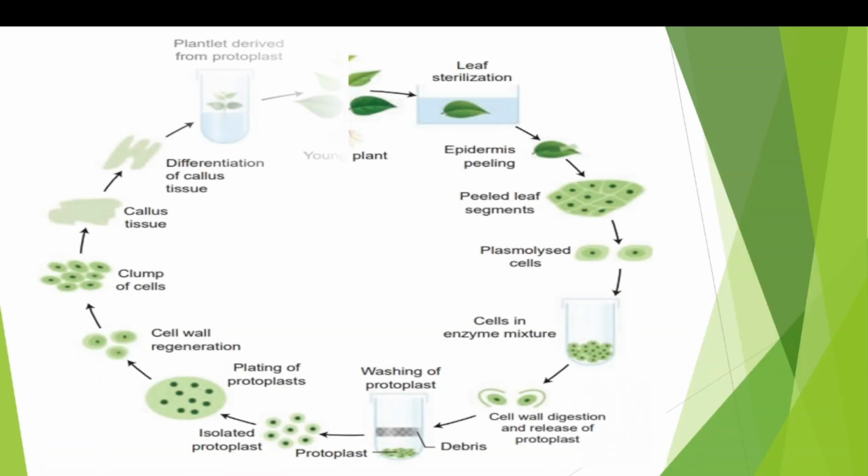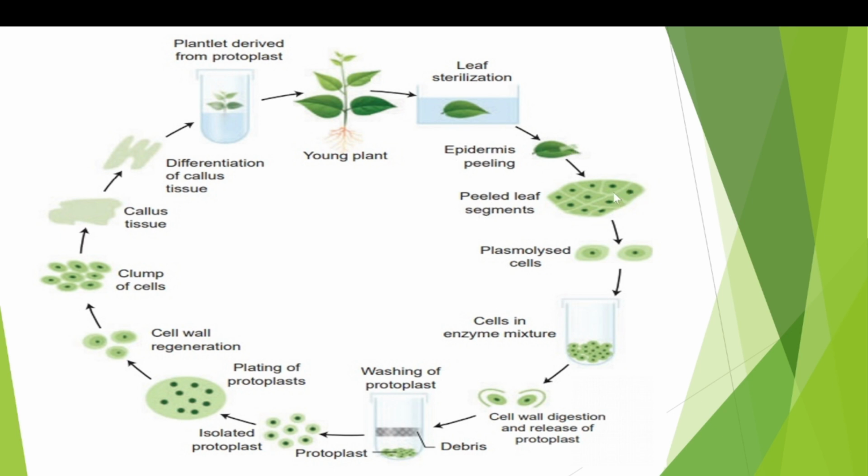Another one is protoplast culture. Protoplast means, if you take plant cells, they have a cell wall. If you remove that cell wall from the plant cell, that is called a protoplast. So a plant cell without a cell wall is known as a protoplast. This protoplast culture is mainly used for genetic manipulation. So how can we perform this protoplast culture? We take a young plant, isolate one leaf as an explant, sterilize it, and peel off the epidermis.